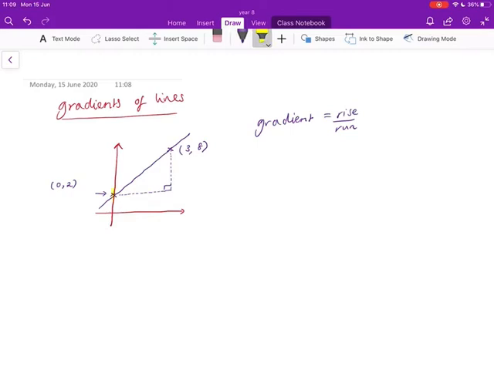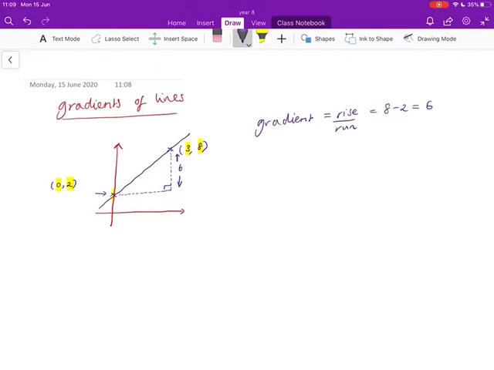Now this point down here started at the value of 2 and ended up with the y coordinate at 8. So the y coordinate is increased by a value of +6 to go from 2 to 8. So we say the rise is the difference between the 8 and the 2, which in this case would be 6. So the rise here is 6, and then the run is the difference between the x values.